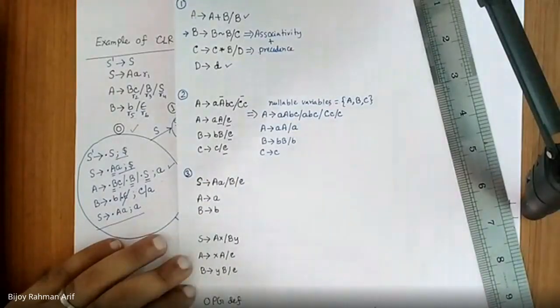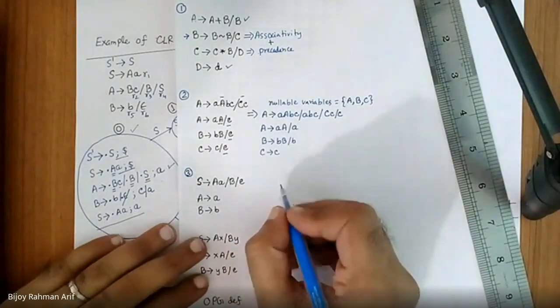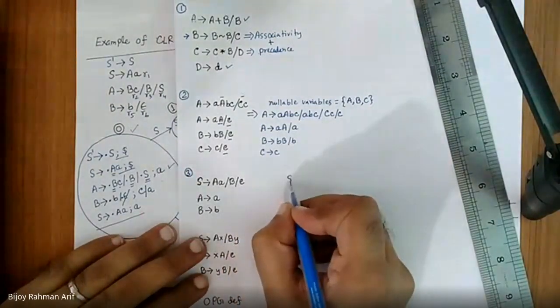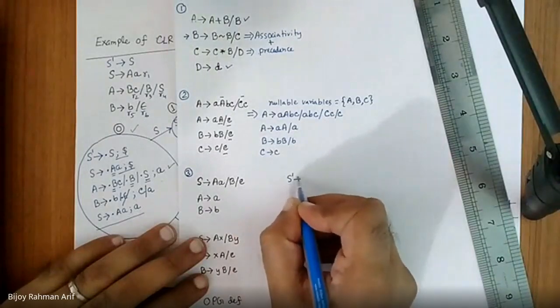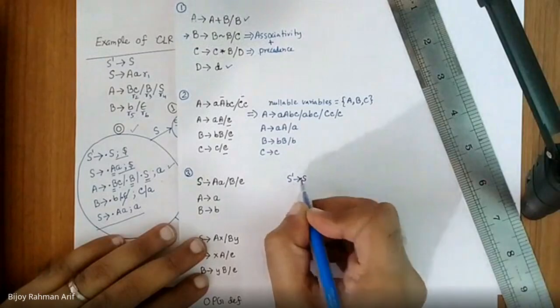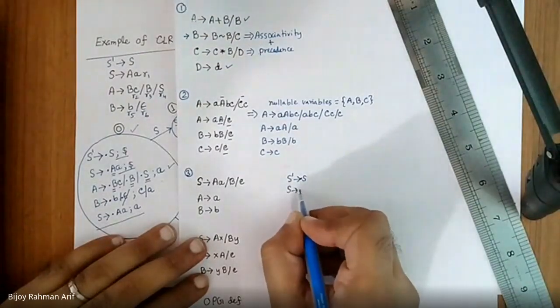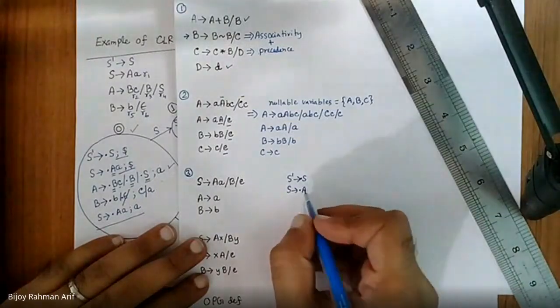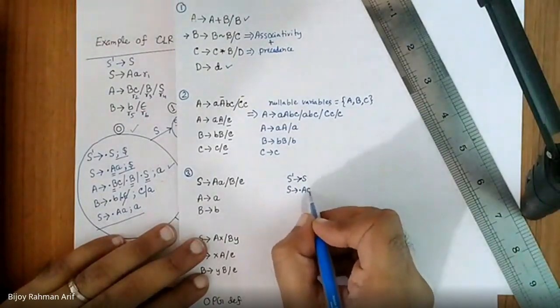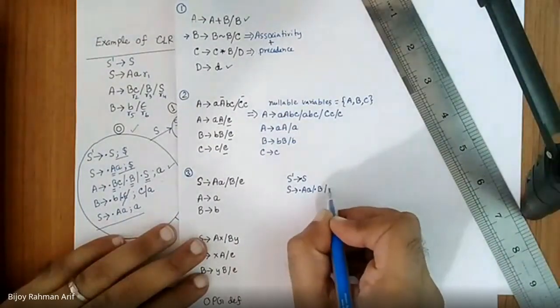Number 3 question. How about this production? Is this grammar LR0? The problem is like this. Let's write this out. Let's add an augmented production. S dash derives dot S, and S derives dot A, dot B, and dot.